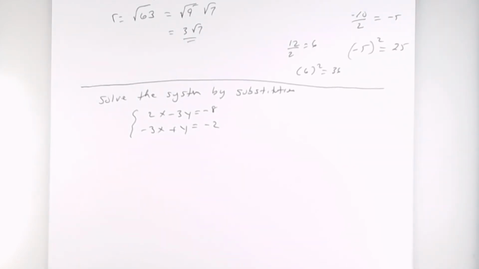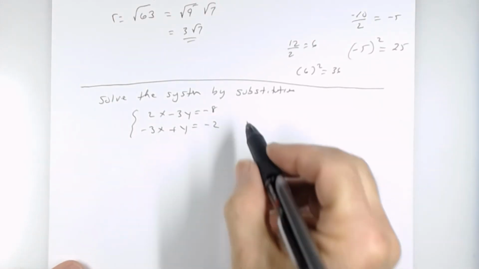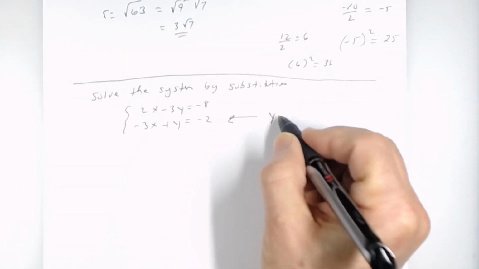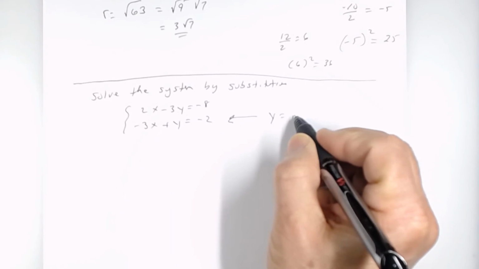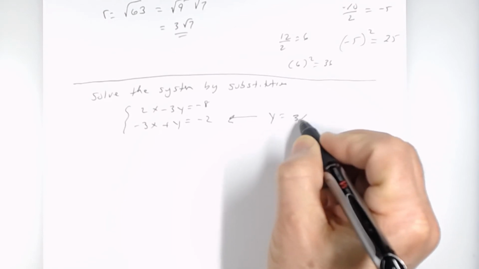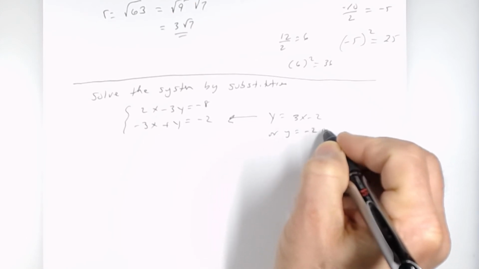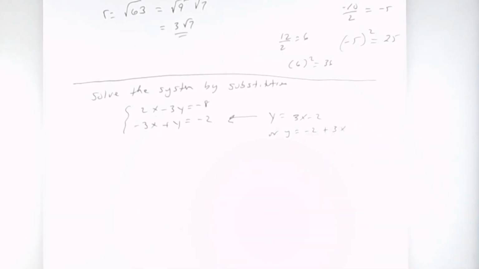If you're going to solve this by substitution, remember the process is you pick one equation and solve for a variable. So which equation is probably the easiest to use? The second. Which variable are we going to choose? Y. So step one would be to take this equation and get y by itself. So I get y equals 3x minus 2, or you could have said y equals negative 2 plus 3x. It does not matter.